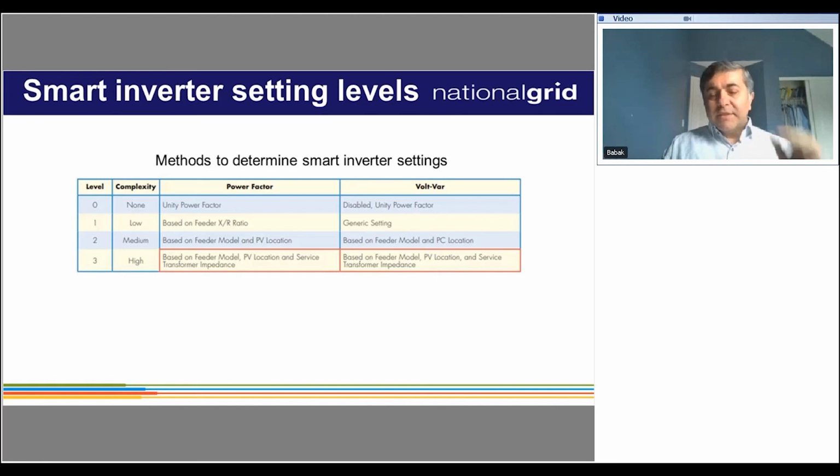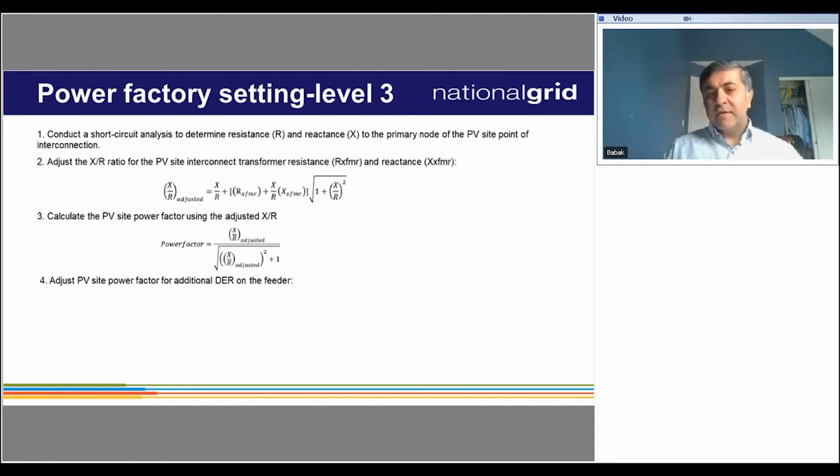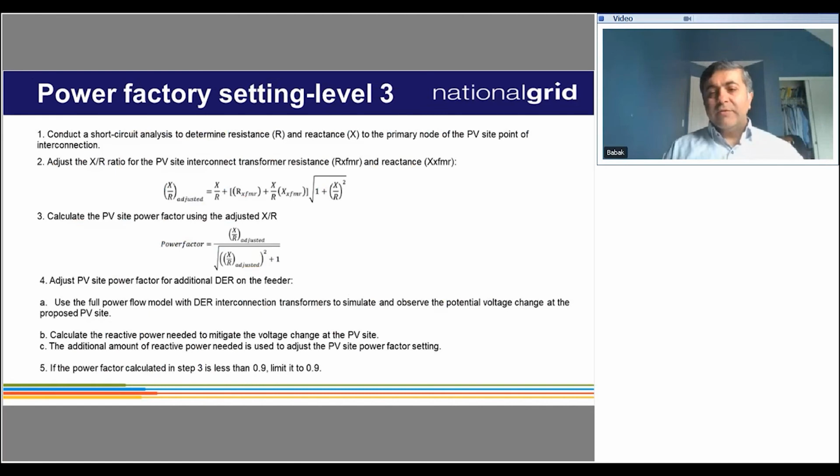In the next couple of slides, I'm going to show you the equations that we came up with. We won't spend too much time proving those equations, but more on presenting how you can set the power factor of your smart inverters or the volt-var functions of the smart inverters, because those directly impact the system power quality.